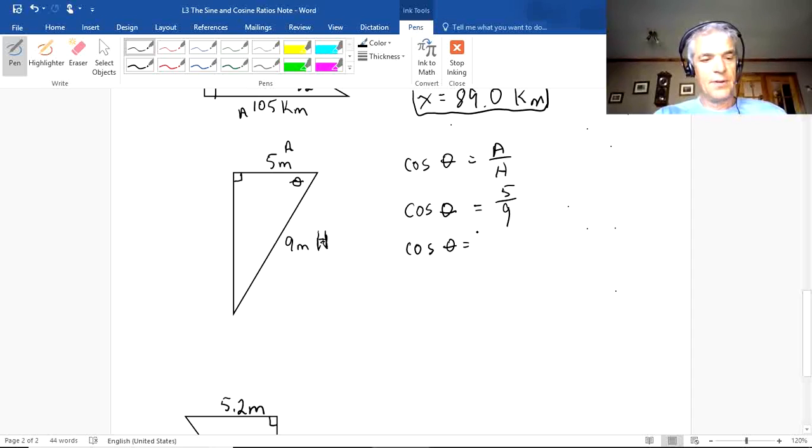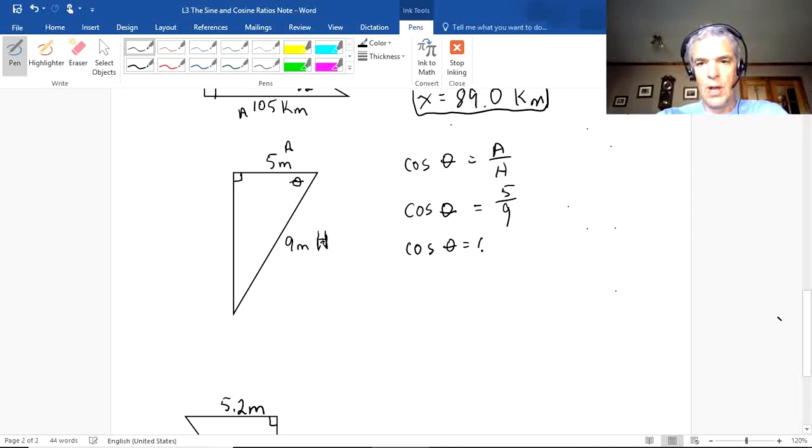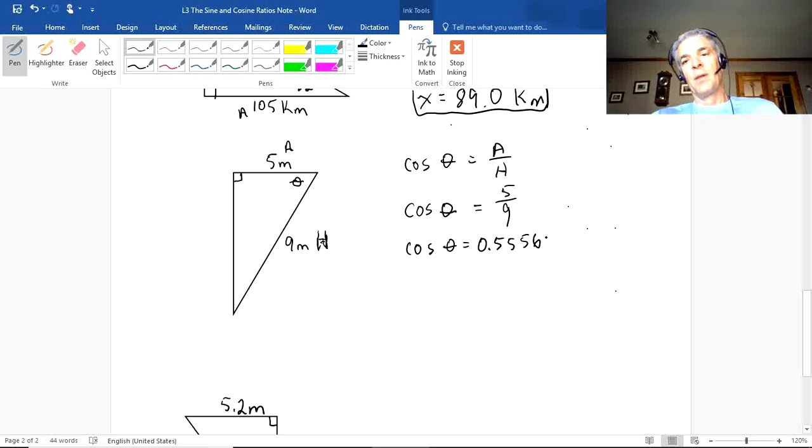So 5 divided by 9 equals 0.5555, okay? And I always write it with 4 decimal places. That would be 0.5556. It would round up at the end, okay?